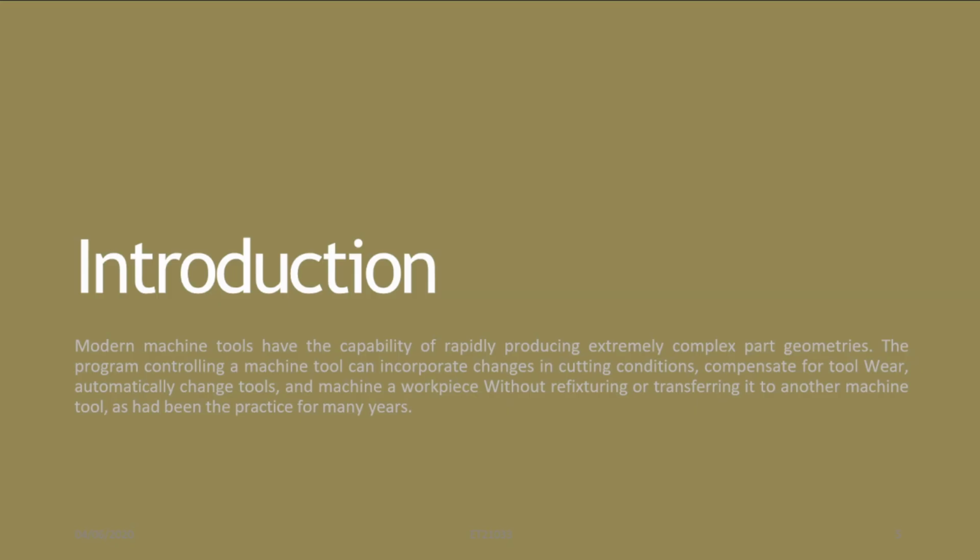As an example, when we consider CNCs, they can change speed, feeds and tool automatically, but the geometry is very important.